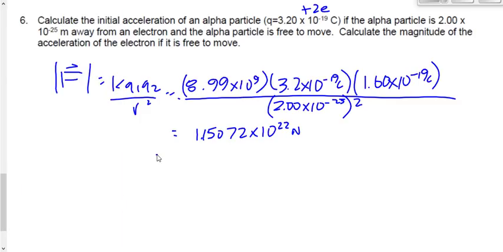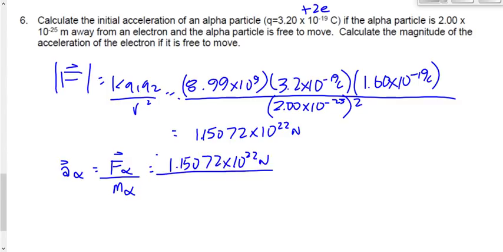Now, if you want to find the acceleration of the electron, or the alpha particle, I should say, let's use the mass of the alpha particle and the force. And that mass, by the way, where are you going to find that mass?